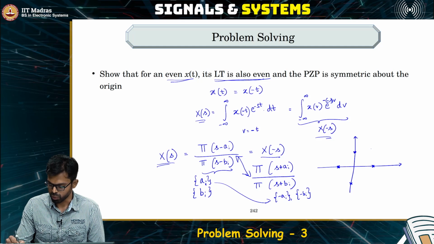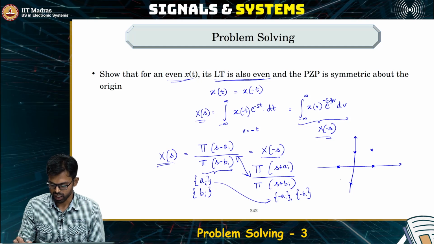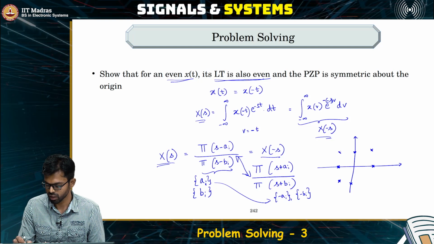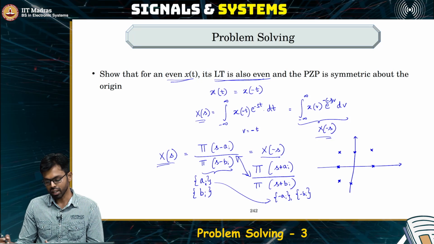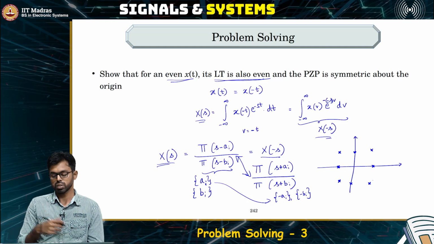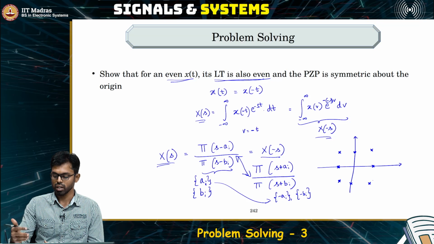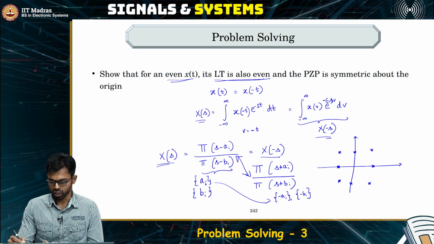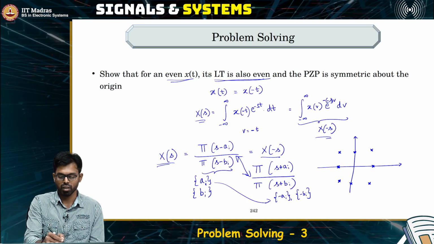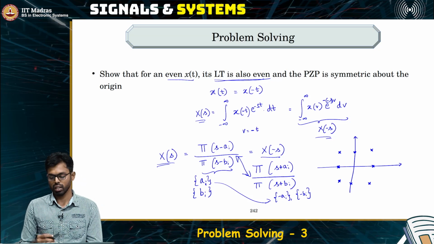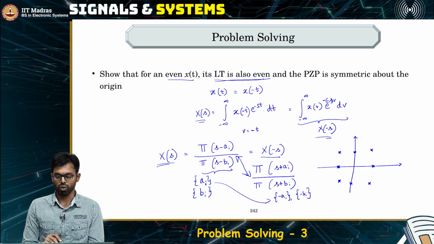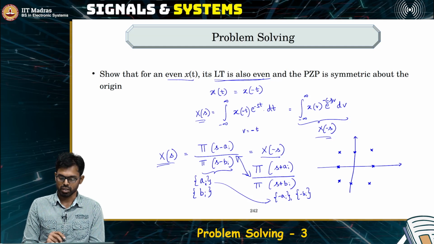And if we had a pole here, then the negative of that also will exist. Right. So, similarly for zeros. So, there is a reflection or symmetry about the origin that you can see for every pole and zero that is present if x of t is even. So, this is a nice property that we can observe for the case of even signals.